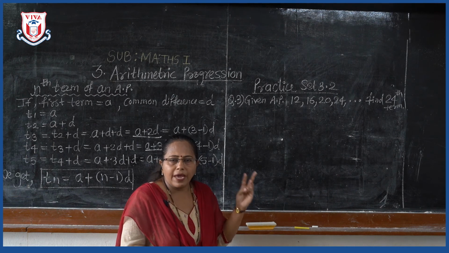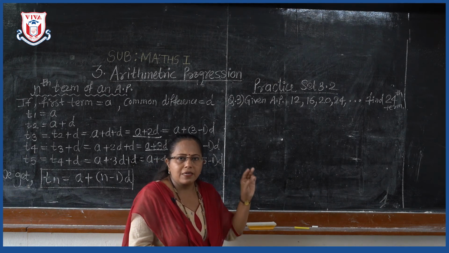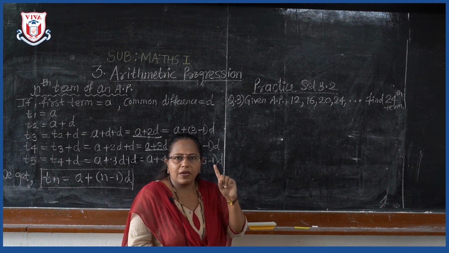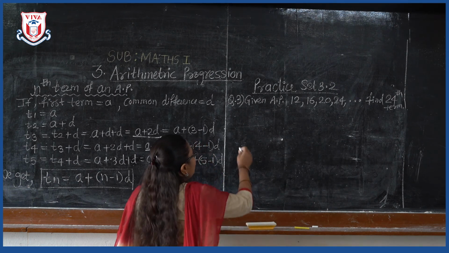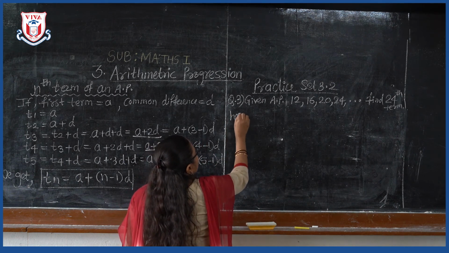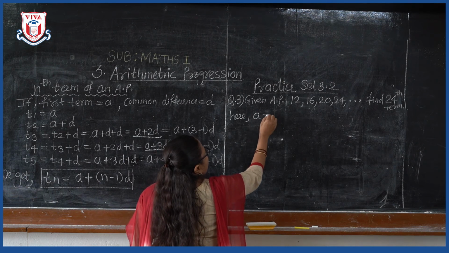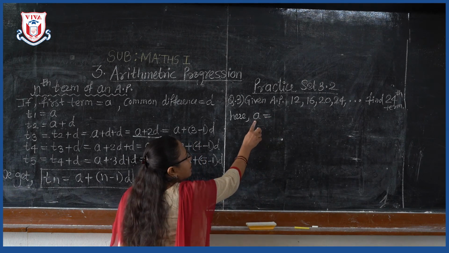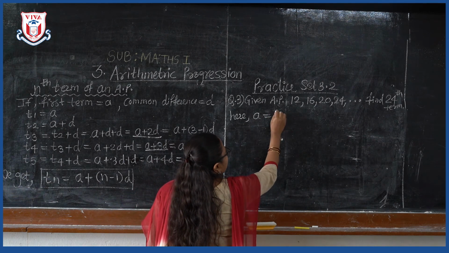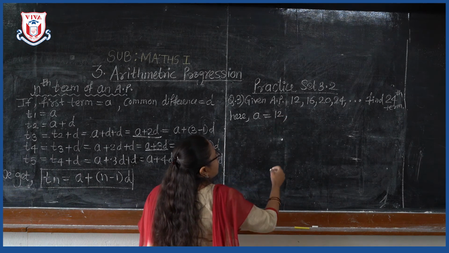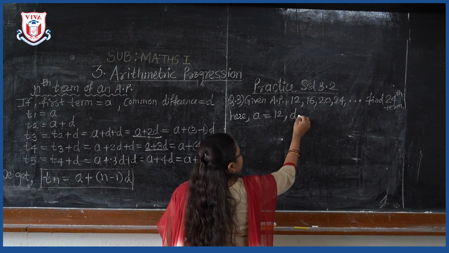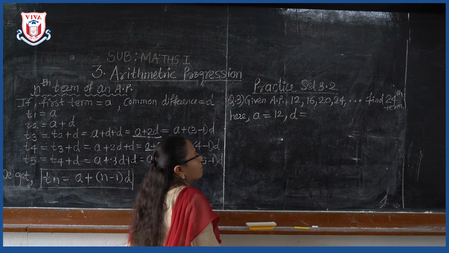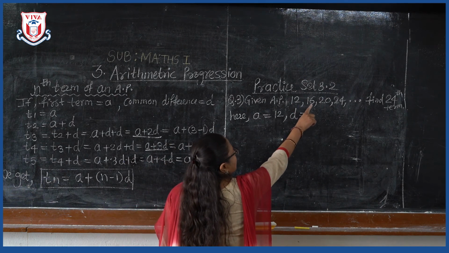Tn is equal to A plus n minus 1 into D. So we require the first value A. As we know, A means the first term, so here the first term is 12. Then we require the common difference D. How do we get the common difference?